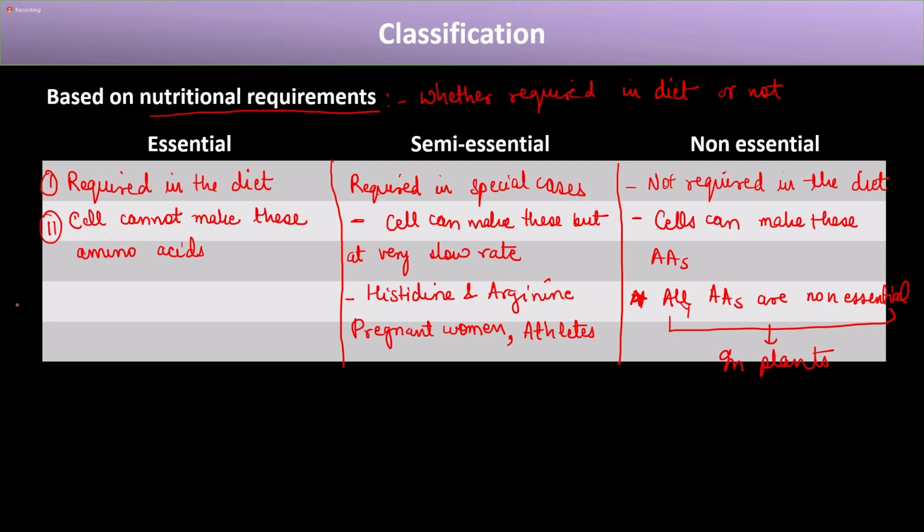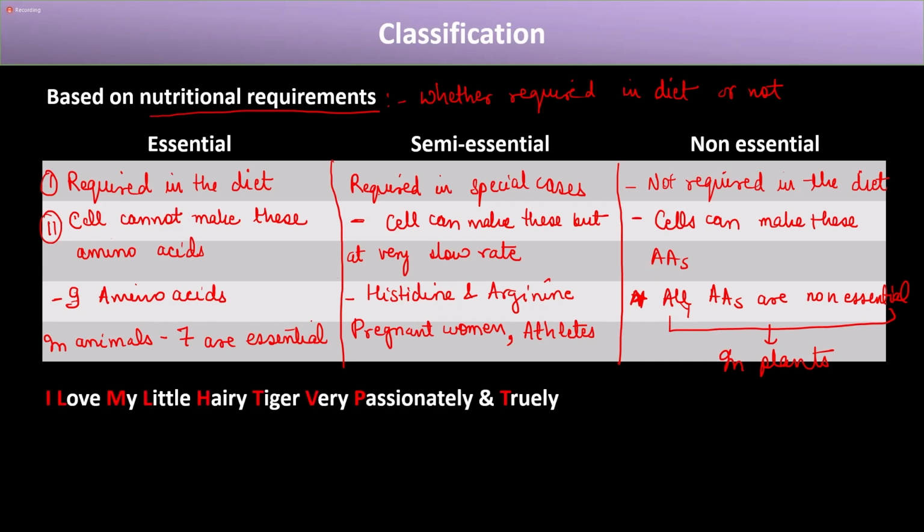If we talk about the essential amino acids, there are a total of 9 that are essential, out of which in animals only 7 are essential. We can remember them by this: I love my little hairy tiger very passionately and truly.